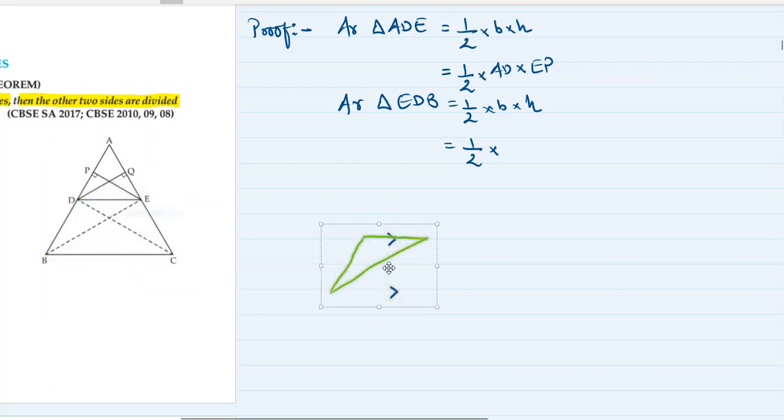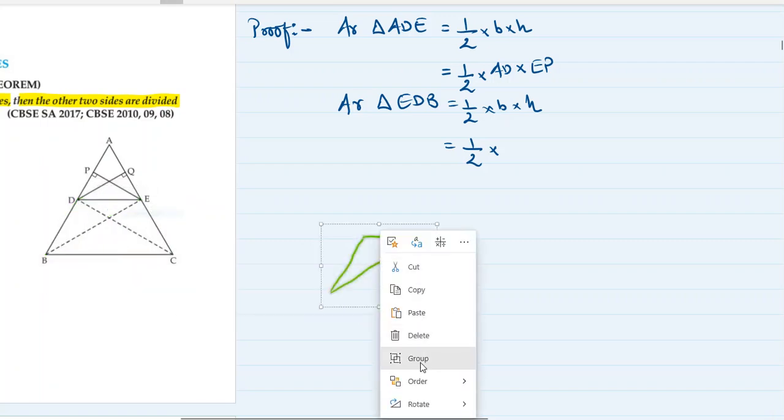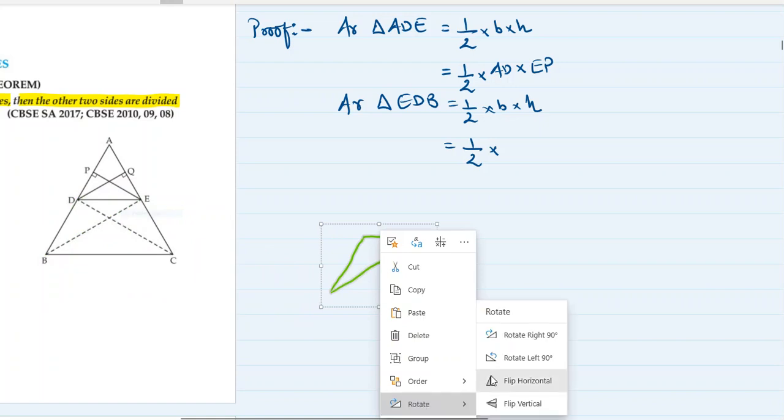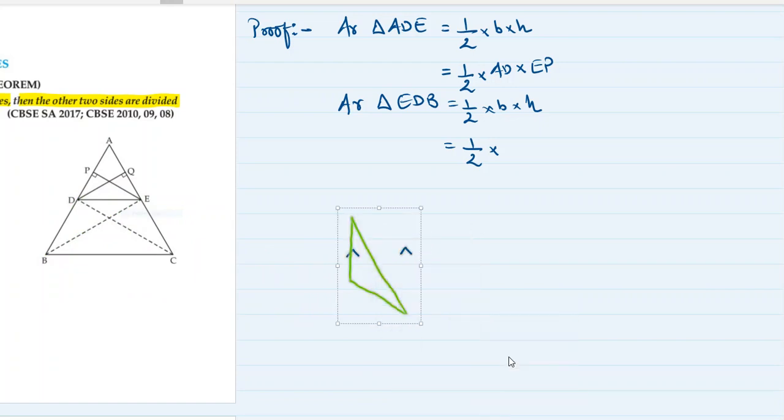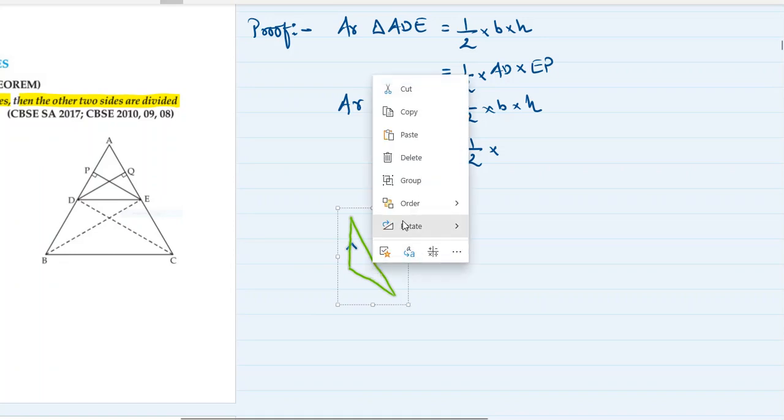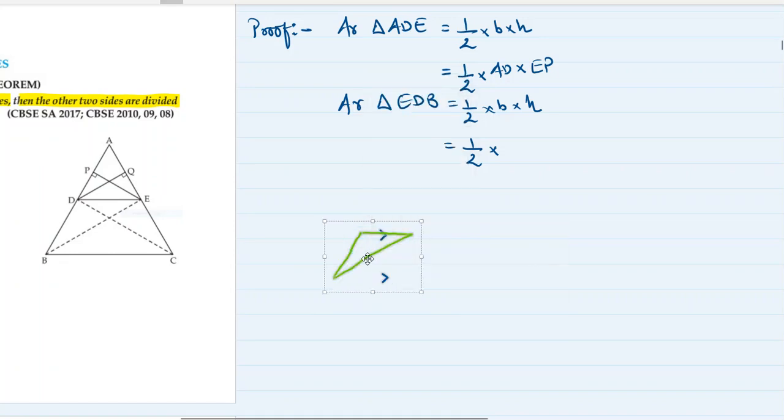I'll take this triangle over here and let me rotate it like this. Still, it's not happening like how I want it. But still, this ED becomes the base. I cannot rotate it like how I want it, but still. So let me rotate it back, put it back in its place and increase its size.